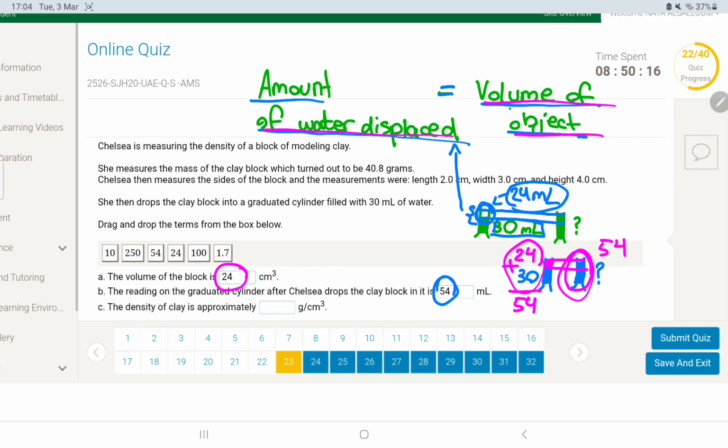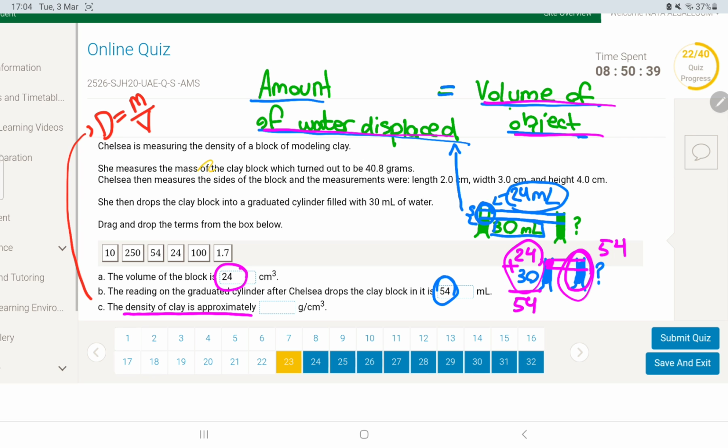Okay? So now let's see the density of the clay. We're going to write the formula for density. The density is equal to the mass over the volume. Now we're going to go back to the question.